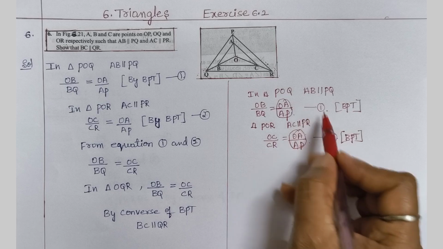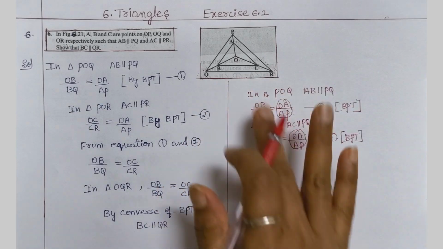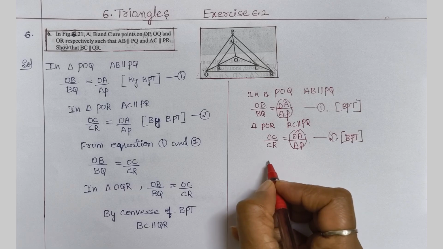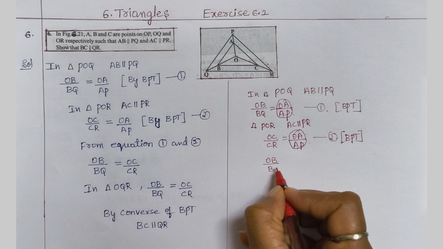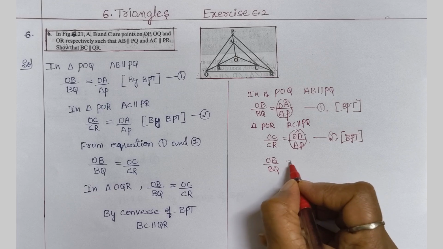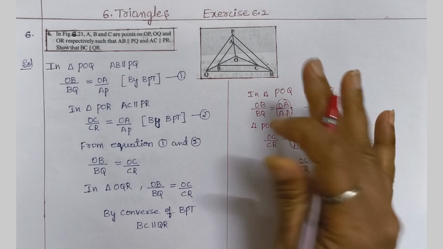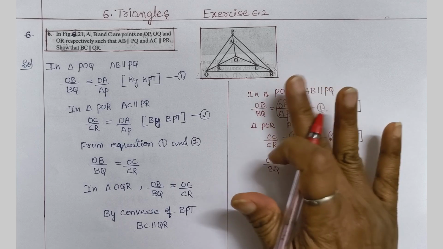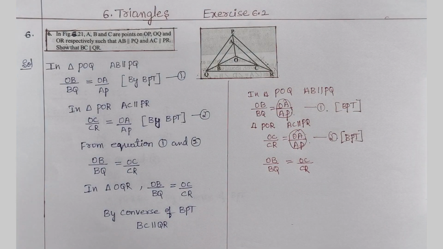So, from equation 1 and 2, the right hand side is equal, so automatically the left hand side is equal. What we will write? OB by BQ equal to OC by CR.